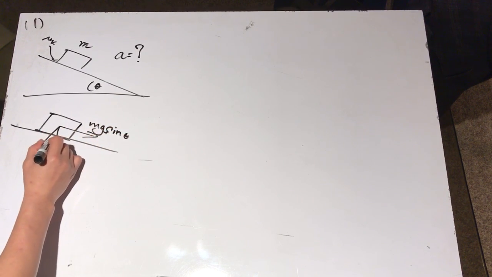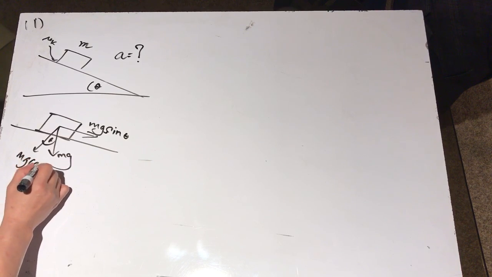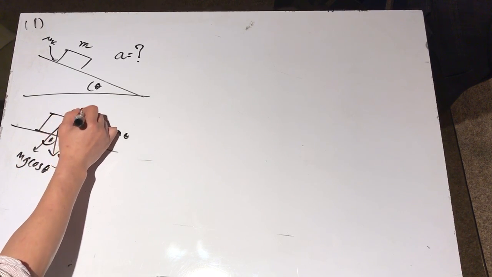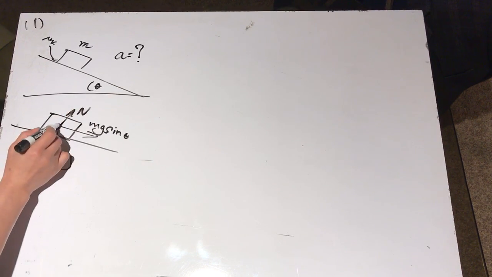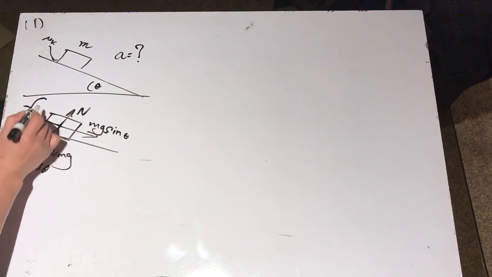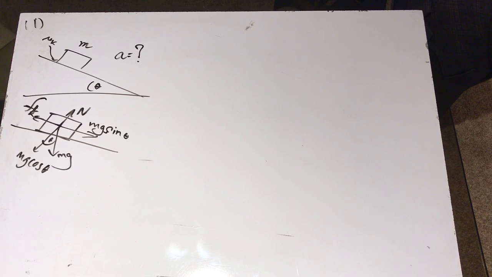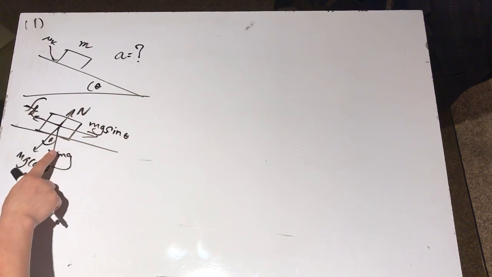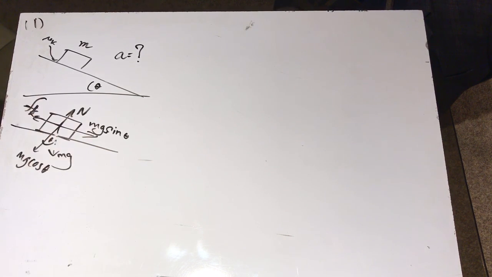This is the angle right here, so that will be mg cosine theta. That should be your normal force, and that's your kinetic frictional force to slow it down. So how many forces do you have total? 1, 2, 3, 4. So you have 4 different forces acting on the box.